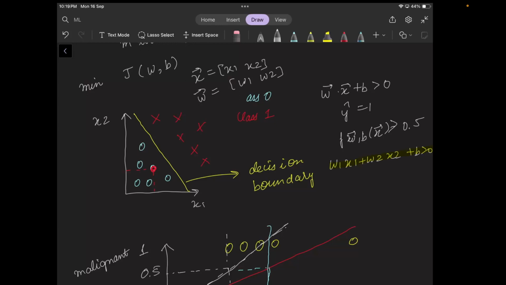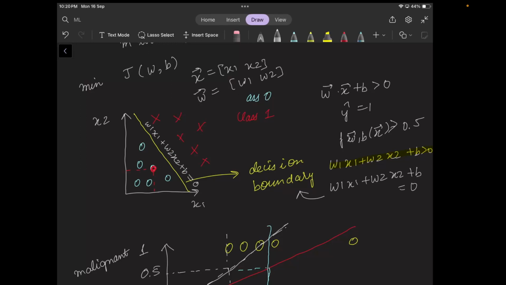Now if I have w1 x1 plus w2 x2 plus b equal to 0, this is my decision boundary, and in this case this is the yellow line which I have drawn. So the equation of this line is w1 x1 plus w2 x2 plus b is equal to 0.